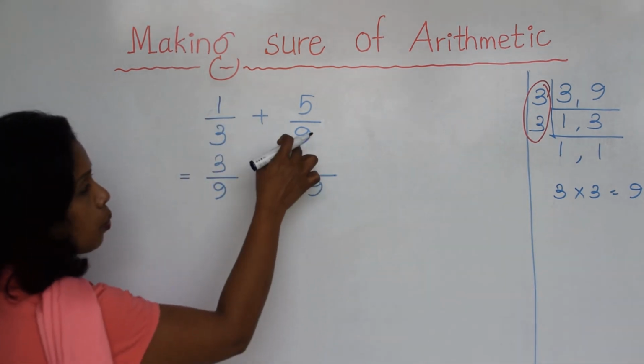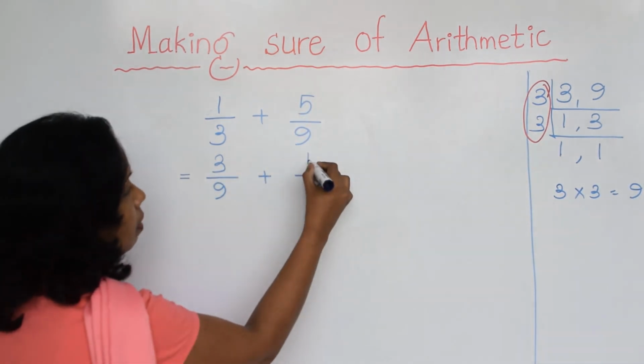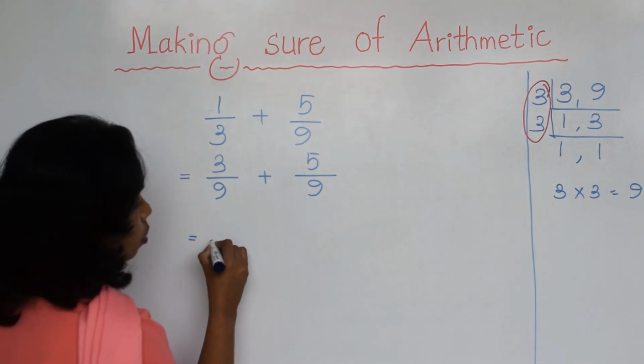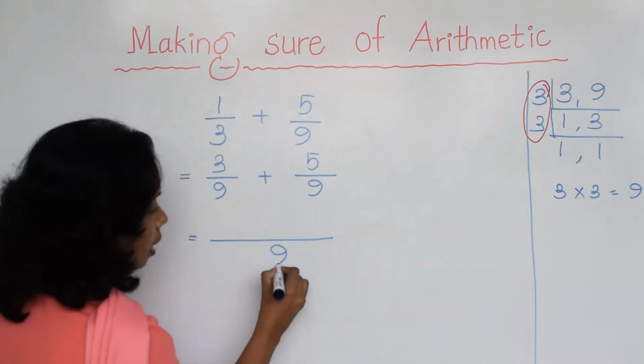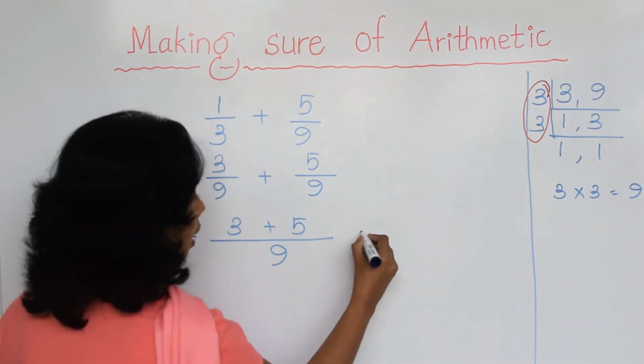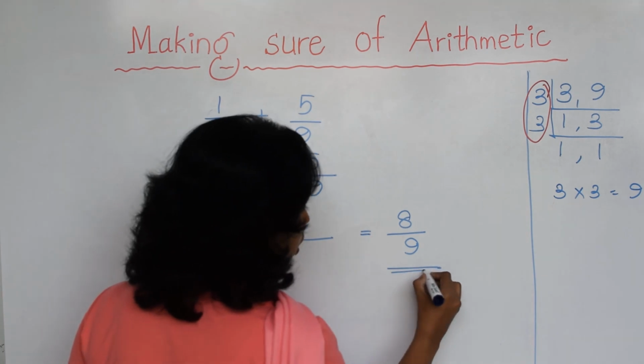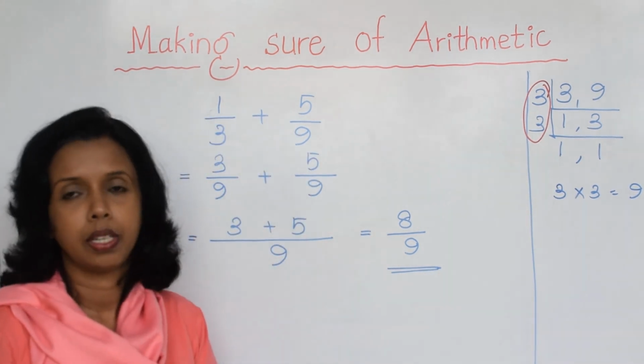Here 9 you don't want to convert, so you multiply it by 1. So 1 times 5, 5. Now you have common denominator 9. Then you just add the numerators, right? Then 8 over 9. So that is the final answer, right?